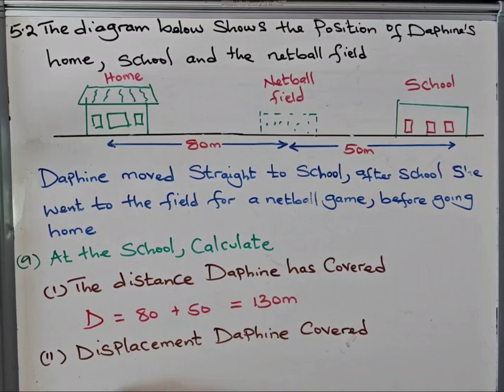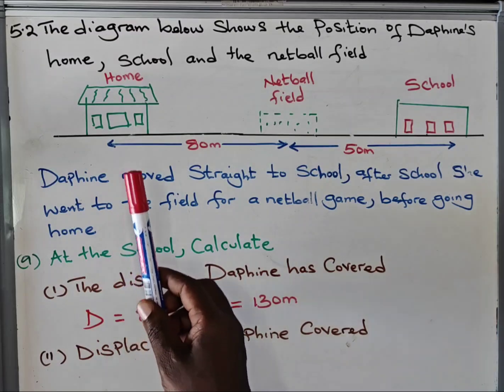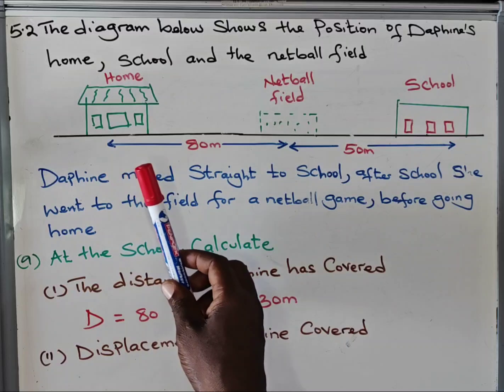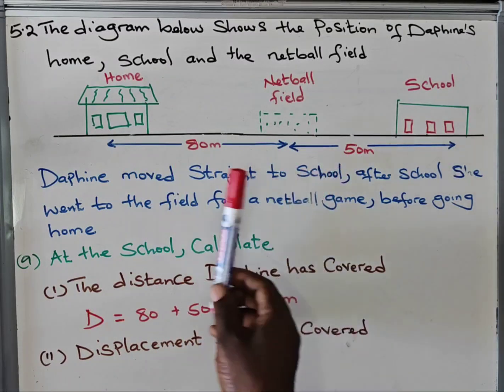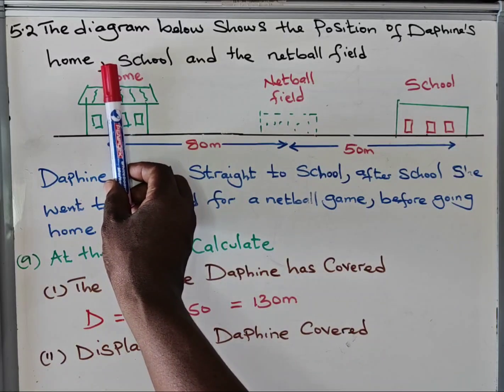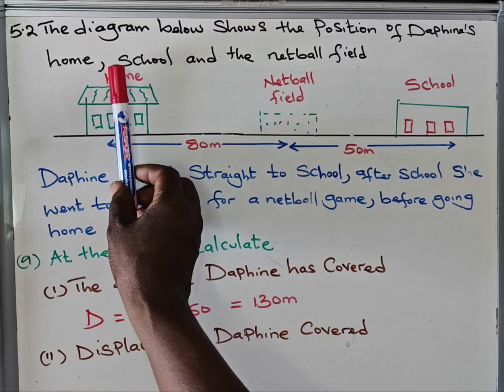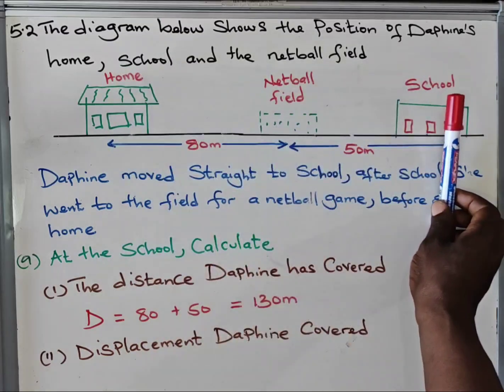Then we come to this question. It says, calculate displacement Daphne covered when Daphne is at school. How do we go about that? What we call displacement, in the simplest terms, is the shortest distance between the original point and the final point. So this is home, which is the origin point of reference, and this is the school.